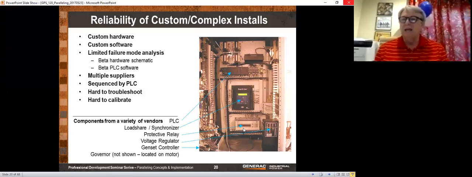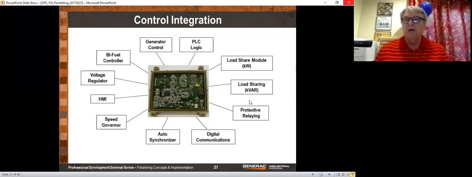Well, if that's the case, and if we already combined all these relay functions into one relay, why can't we combine this entire cabinet into one device? Well, the answer was because nobody had done it. Generac was the first to do it, and here it is. Basically, everything in that entire cabinet now is on one circuit board.